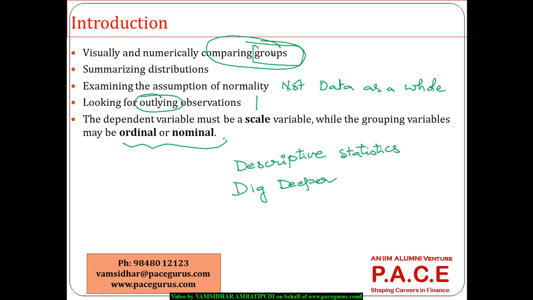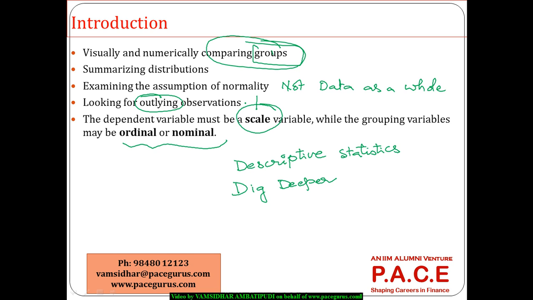Whatever parameter we use for comparison, the distributions or normality can be checked only on a scale variable. So we check normality based on a scale variable, but the grouping should definitely be done based on an ordinal or nominal variable.